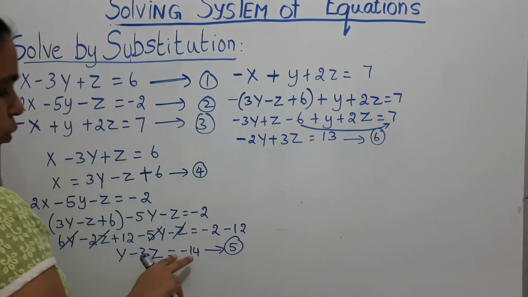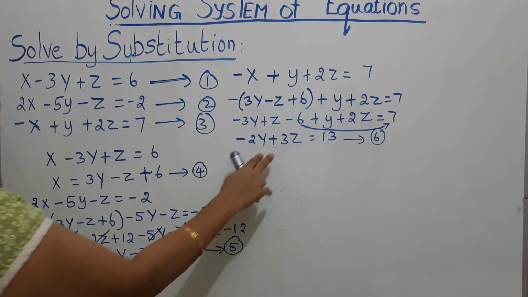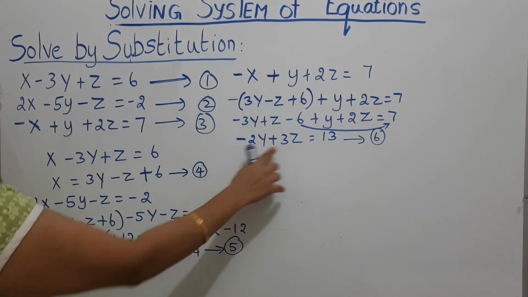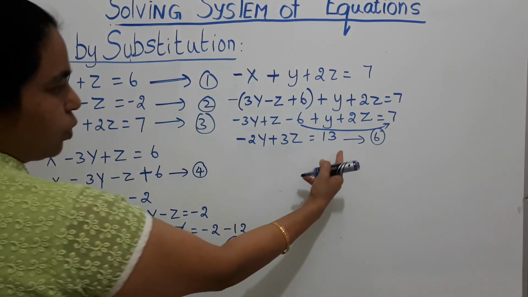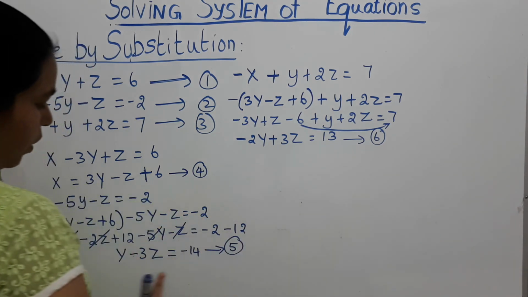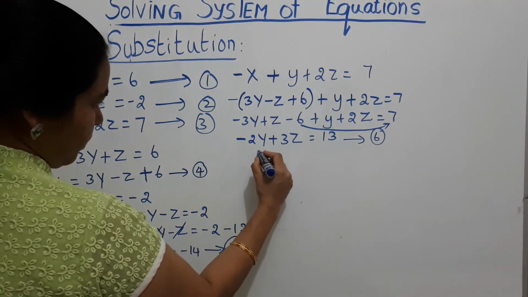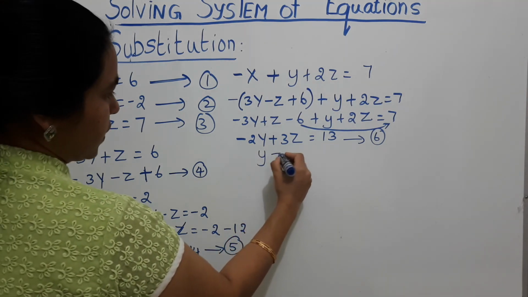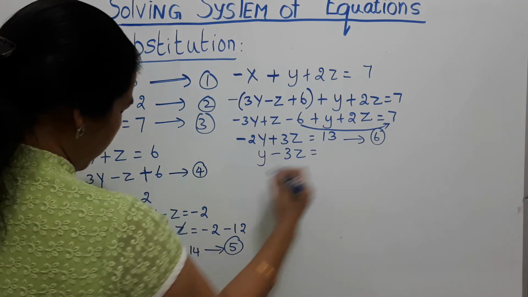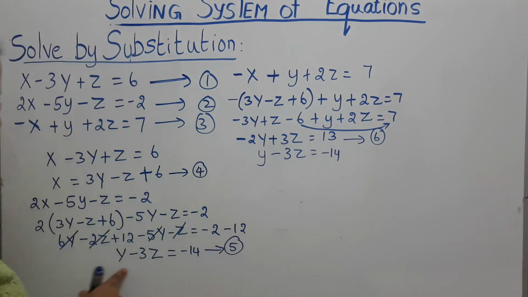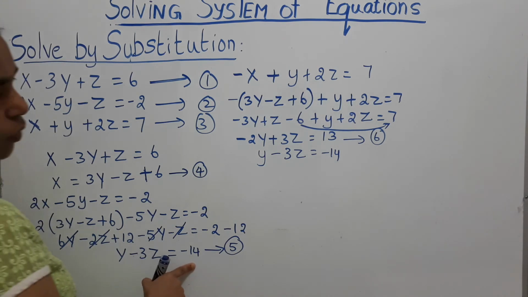Now you have to use the fifth equation and also sixth equation to eliminate either y or z. Okay. So sixth equation is already there. You can write the fifth equation below that. So y minus 3z equals negative 14.